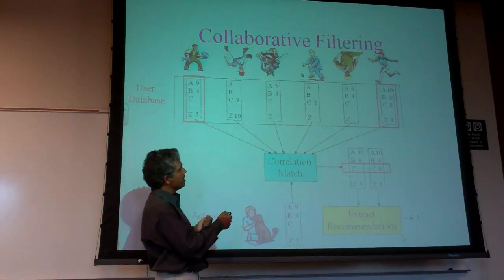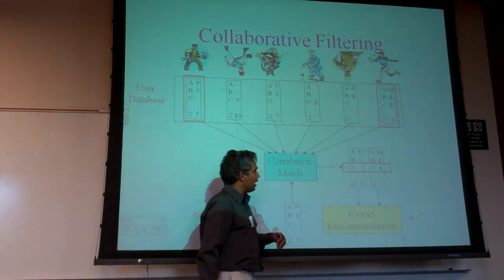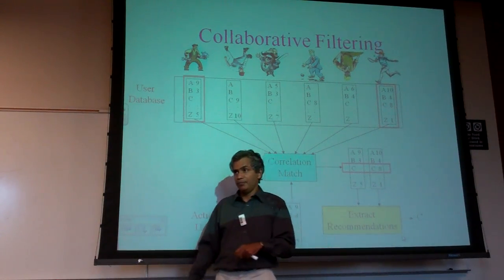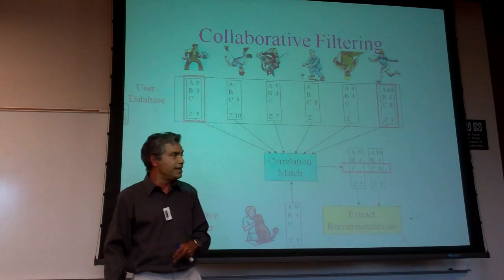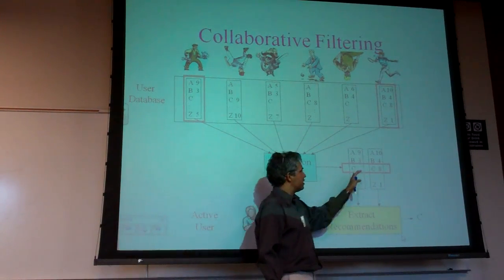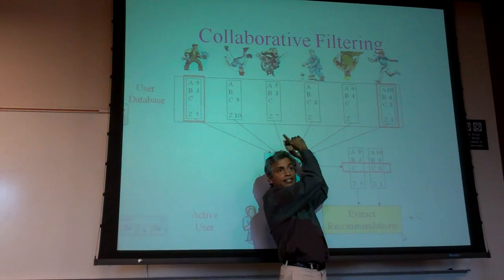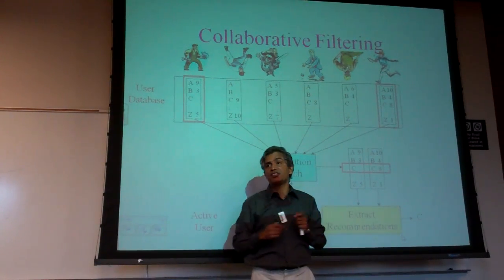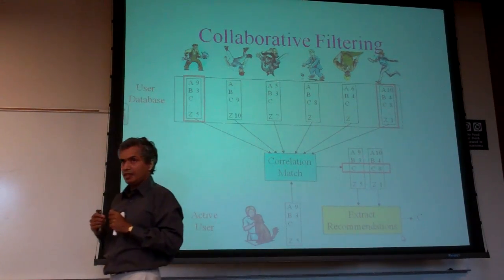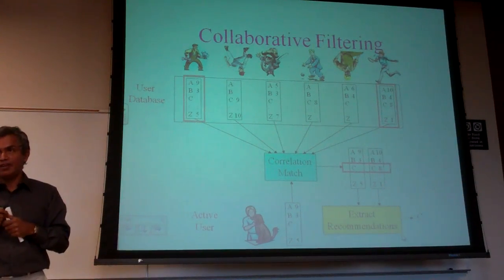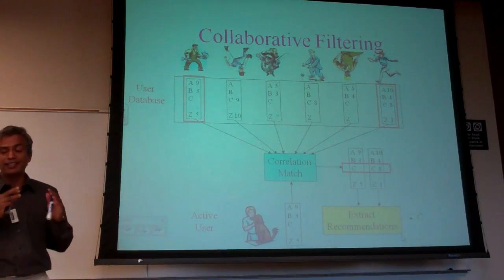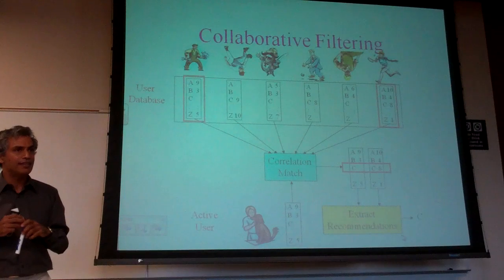Then you see how they are rating this particular item C, and you predict this user's rating for C as a weighted average of the most similar neighbors' ratings for C. That's the first idea of collaborative filtering. That's what I will describe.